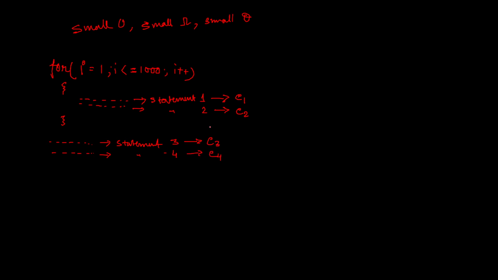Now see, the total time taken by the program with n number of inputs will be what? If this loop runs once, the total time taken to execute the loop will be C1 plus C2 into 1, because the loop has run one time.